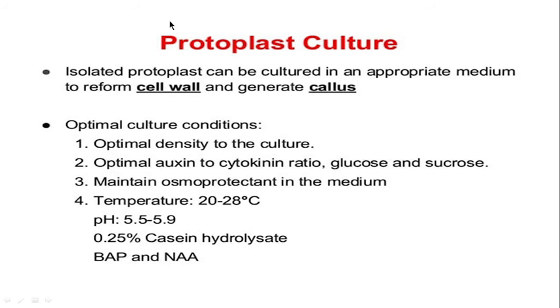So the important stage is to excise the protoplast or cell and remove its cell wall. During removal of its cell wall, the cell should not get damaged. So precaution should be taken while removing the cell wall. The cell will not get damaged.